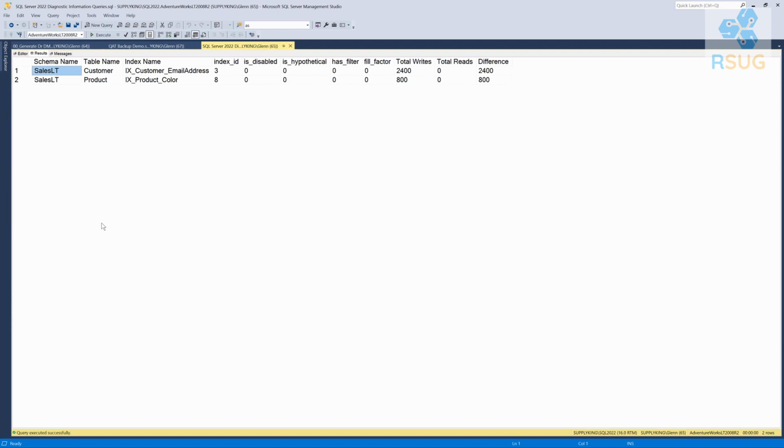Have you been running long enough that your database has seen the complete business cycle for your application? And usually that might be a week, it might be a month. But if you've been running long enough that that's the case, and you come in here and you see indexes with millions of writes and 0 reads, and these are non-clustered indexes, they're not clustered indexes, then it's probably safe to go in and drop that index.